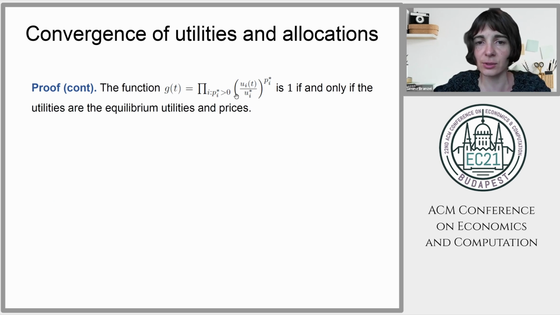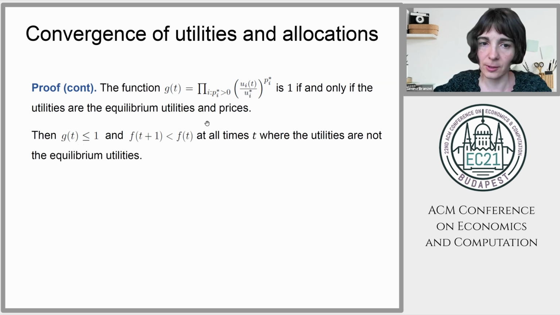This extra term is a different function g of t, which has a connection to the Eisenberg-Gale convex program for computing an equilibrium in a related model known as the Fisher market, a bipartite model where we have the buyers and the sellers on different sides of the market. And basically, this allows us to infer that g of t is less than or equal to 1.